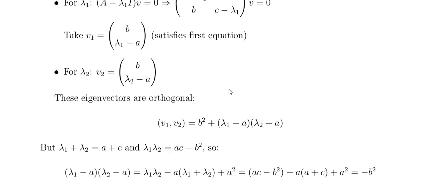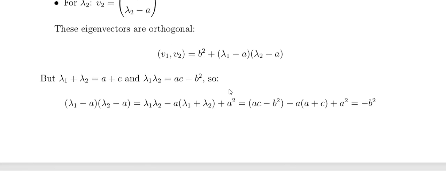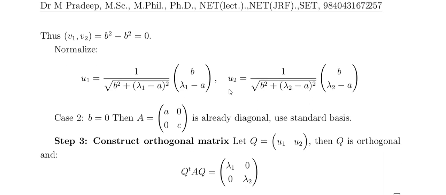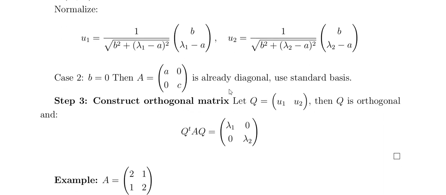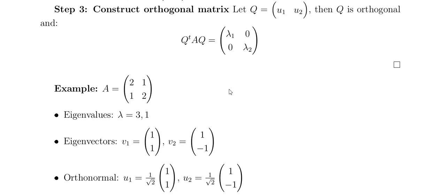The corresponding eigenvectors form an orthogonal set, that is v1, v2. So that is diagonalizable. This is the example.